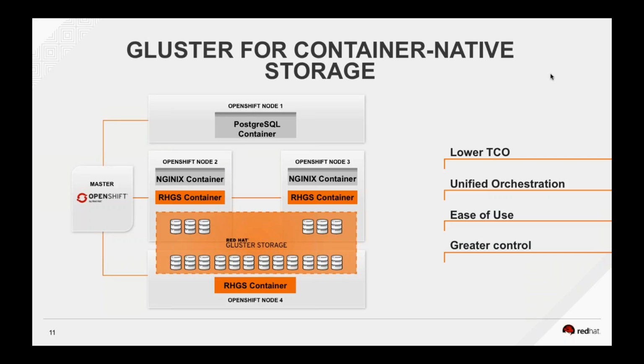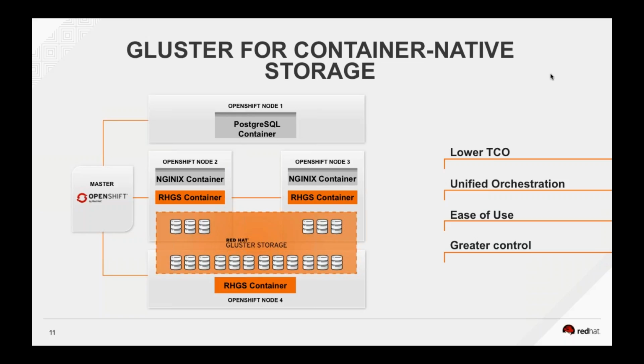So this not only offers lower TCO, but it's a unified orchestration. OpenShift orchestration itself can help you orchestrate the complete solution, like provisioning of containers, getting storage provisioned for that specific container, and then binding that container to a particular volume in the storage.